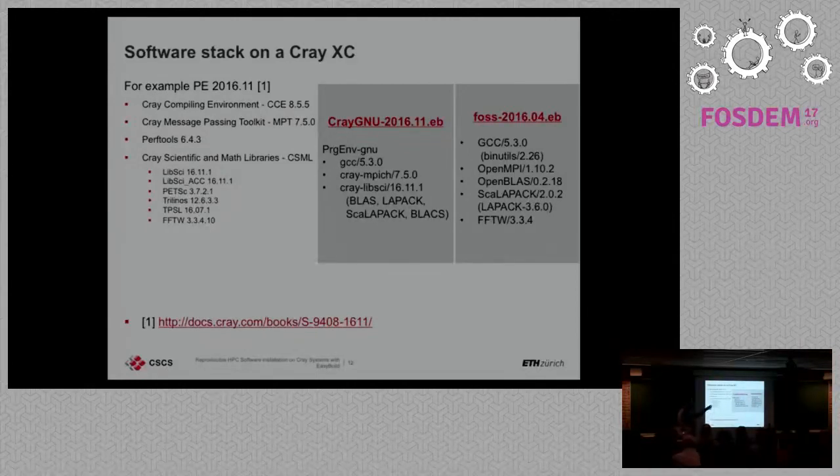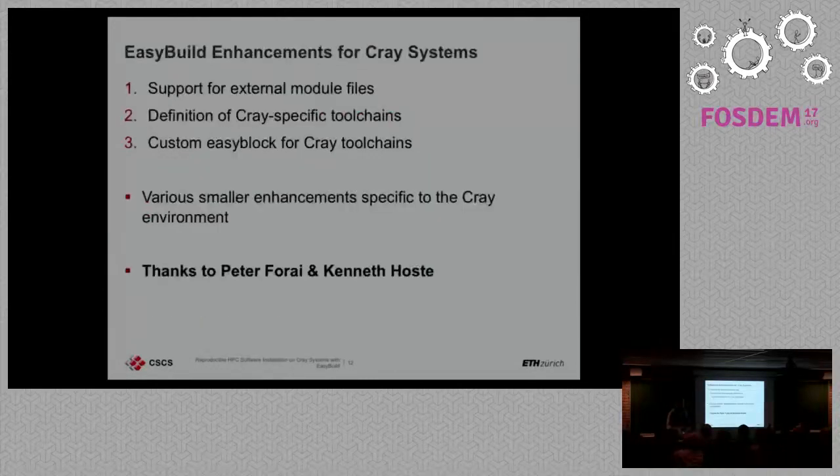So Peter and Kenneth created the easyblock and the toolchain for Cray, for GNU compilers, Intel and the others, mapping the programming environment available on Cray to EasyBuild, so that we can use the Cray toolchain as any other toolchain that already existed in EasyBuild.